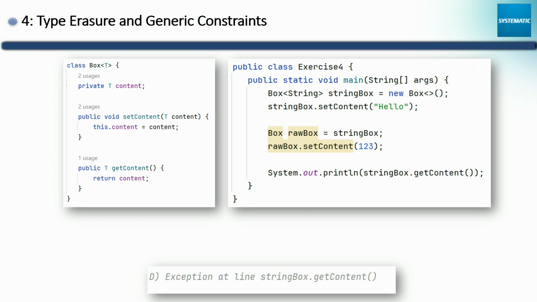But when we try to retrieve by using get content from that string box, that is where we get a ClassCastException, because it is expecting a string, but it receives an integer. So this is the explanation behind why D was the correct one. We get a ClassCastException when we try to get the content of that string box.